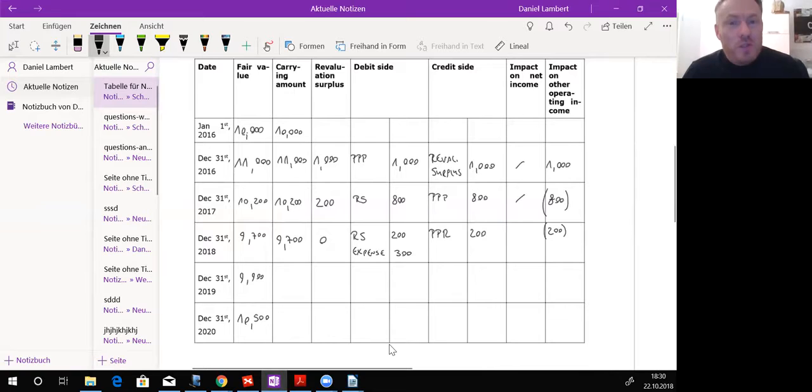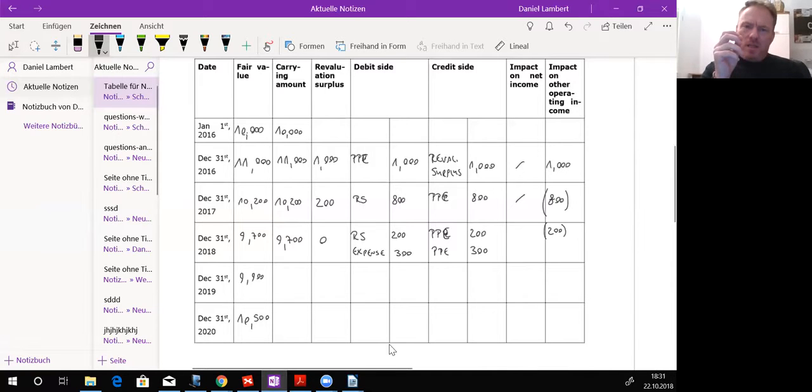Is the account going to go up or is it going to go down? That's important to see. Expenses rise by 300 euros and property, plant and equipment are going to go down just a little bit, again by 300 euros. You see what I mean?